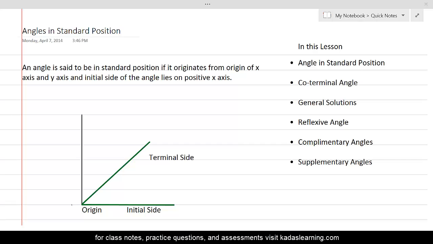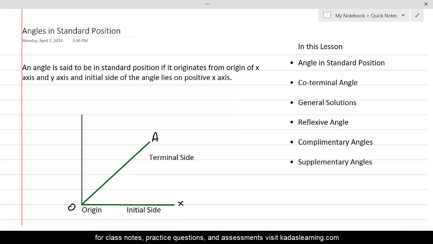So let's take a look at this angle here, where OA is the terminal arm and OX is the initial arm, or initial side.